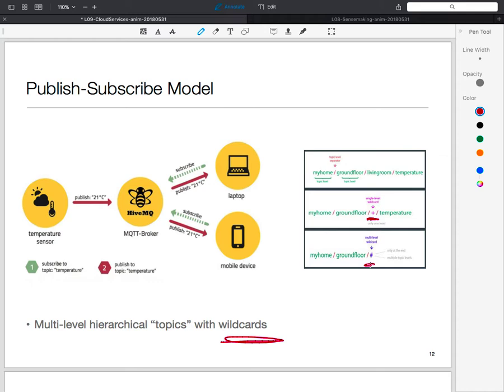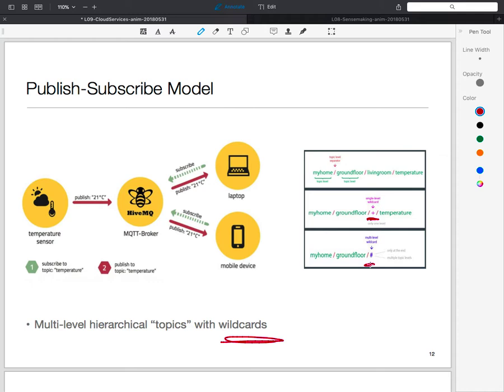You could, for example, say I'm interested in everything which has a certain prefix, or I have a path name and I don't care about what is in the middle. There are some examples cited here, but it basically lets you create a more general specification than would be possible otherwise. For example, I can say UCLA/Boelter Hall/star, and subscribe to all the sensors which are in Boelter Hall.